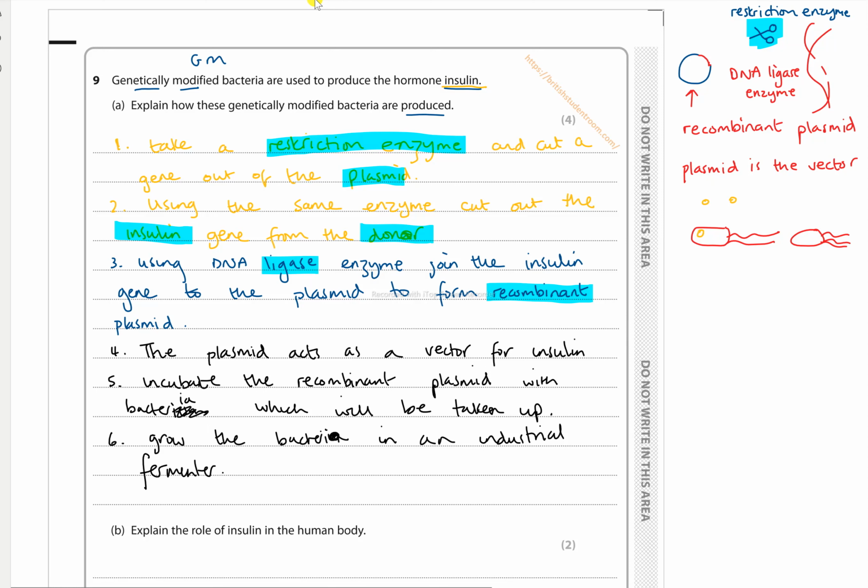Then the plasmid acts as a vector. Then once you incubate the recombinant plasmid with bacteria, they will be taken up, and then you can start breeding them, growing them, or whatever the term is.